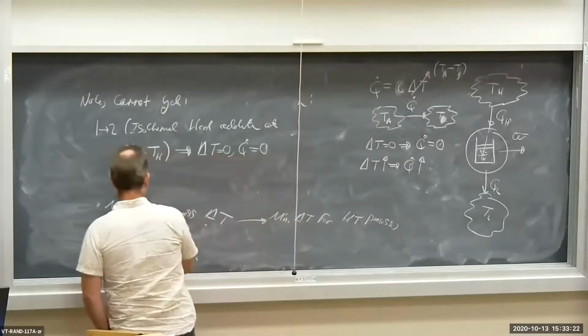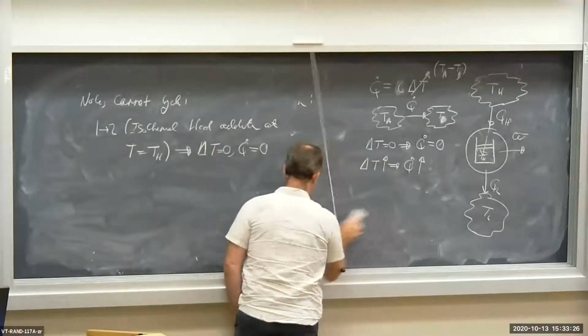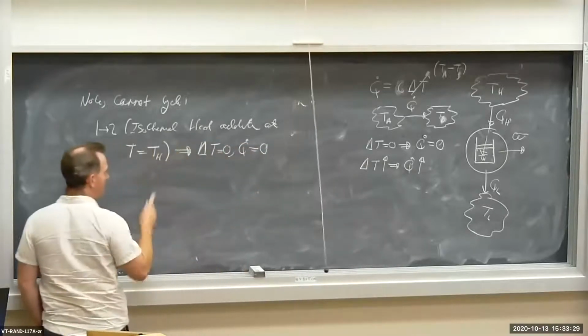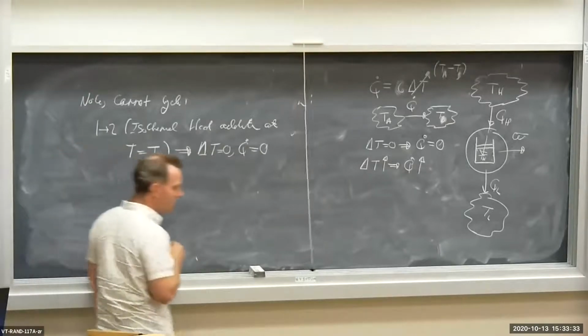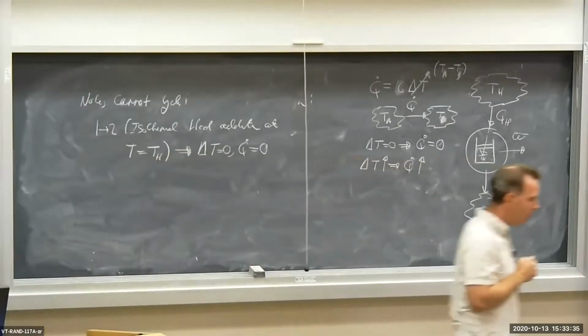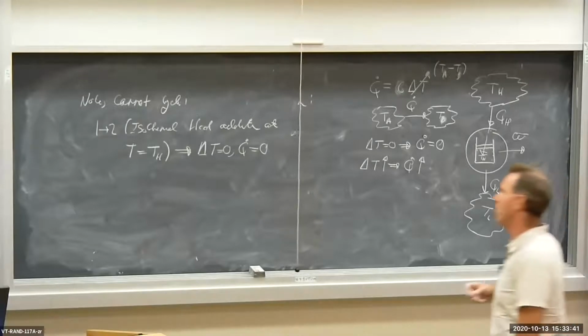We actually don't get any heat transfer if we try to build this thing. So the heat interactions occur at the reservoir temperatures. That means delta T is 0 between the reservoir and the working fluid. That means in theory the rate of heat transfers are 0.